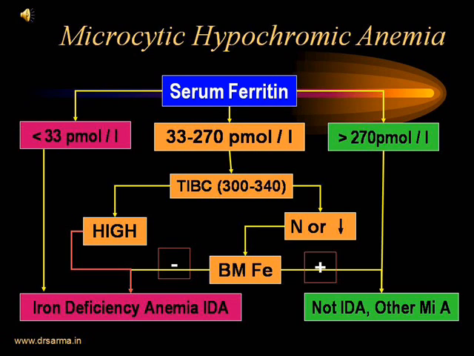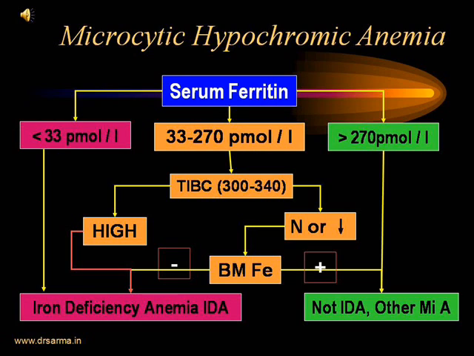Supposing the serum ferritin is less than 33 picomoles per liter, as shown on the left hand side of the flow chart, then it is confirmatory of iron deficiency anemia. No more tests are required to confirm iron deficiency anemia if there is a microcytic hypochromic blood picture with serum ferritin less than 33 picomoles per liter.